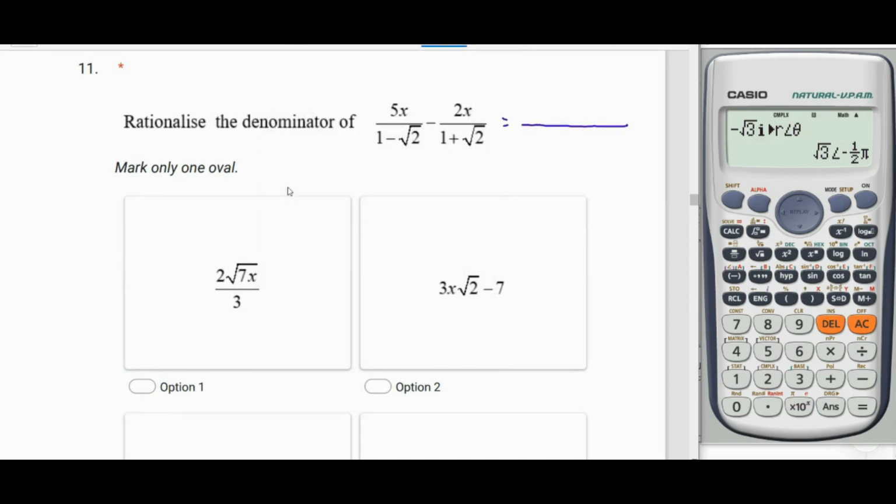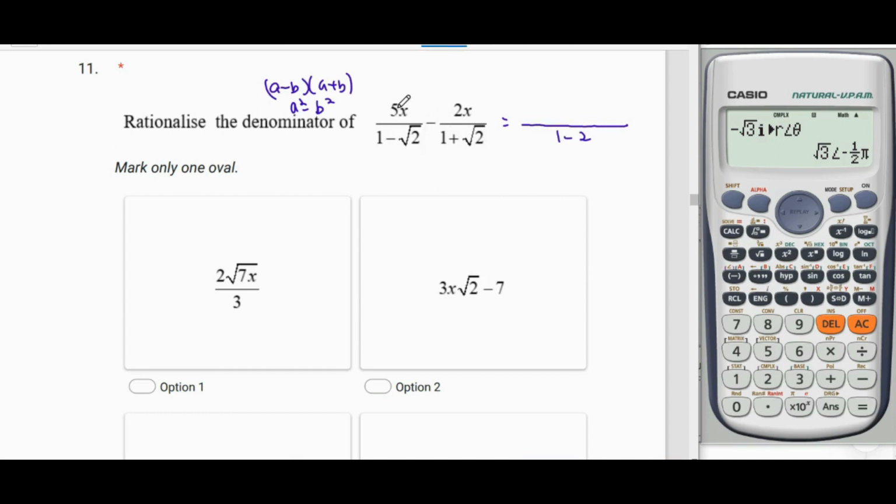Okay, so we can multiply, because you can see our denominator is already a conjugate. So for a minus b times a plus b, it will be a squared minus b squared. So it will be 1 minus 2. This is a minus b, a plus b.